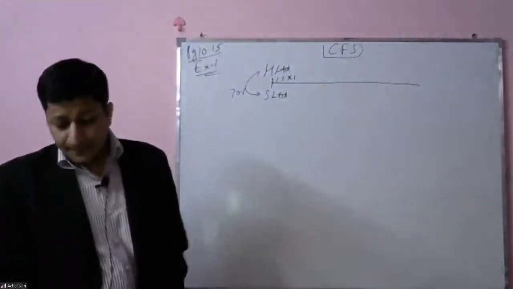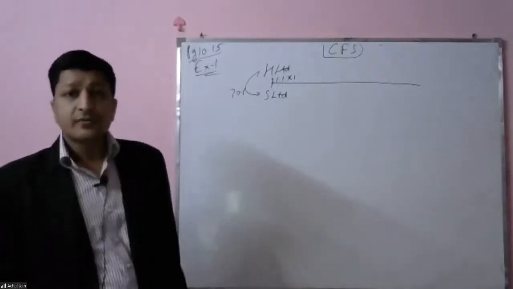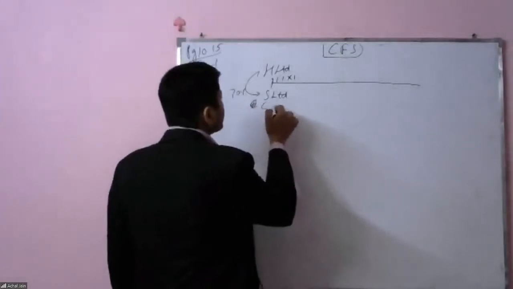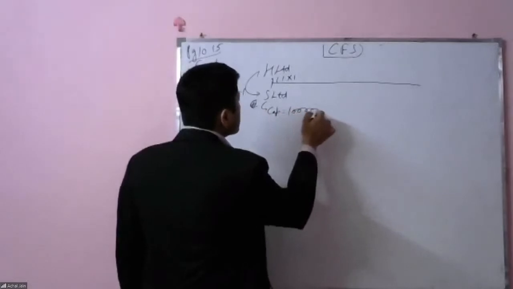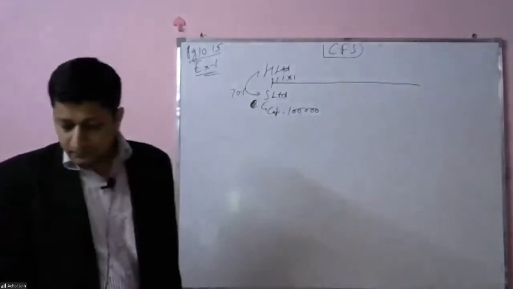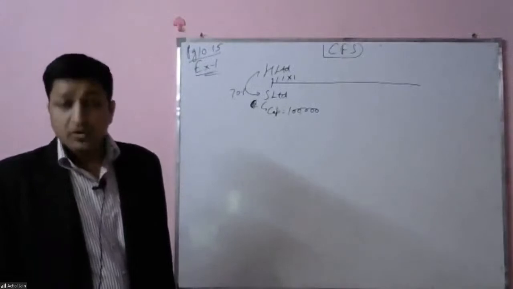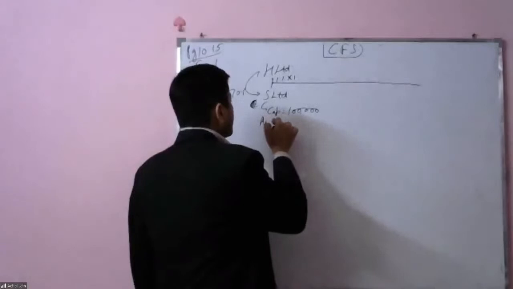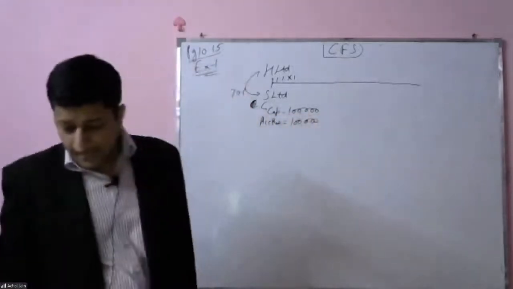On that date, paid up capital of S was 10,000 equity shares of rupees 10 each. So its capital was 1 lakh. Correct? Accumulated reserves of S on this date was 1 lakh. This was also 1 lakh.